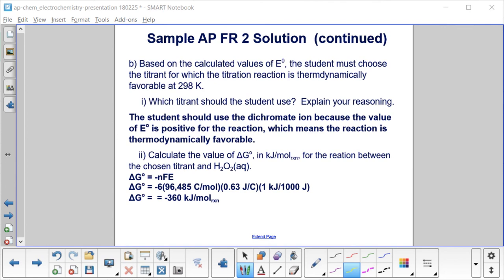And then I just need to convert from joules to kilojoules. There's 1,000 joules in 1 kilojoule. And so I get a Gibbs free energy, a delta G of a negative 360 kilojoules per mole. And again, I get a negative delta G, which supports my answer to part 1, saying that this reaction is spontaneous and therefore thermodynamically favorable.